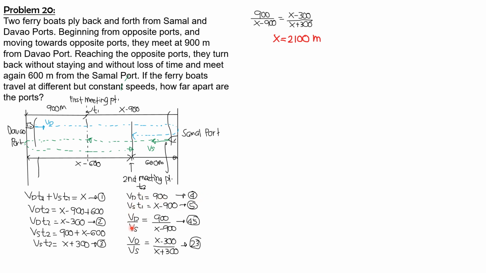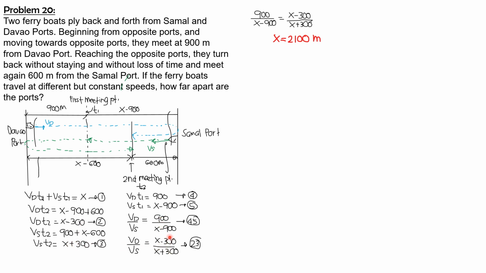Obtaining the ratio of 4 divided by 5, we can cancel t1. V sub d over v sub s equals 900 over x minus 900. Similarly, if we divide equation 2 by equation 3, we can cancel t2. So we have v sub d over v sub s equals x minus 300 over x plus 300.